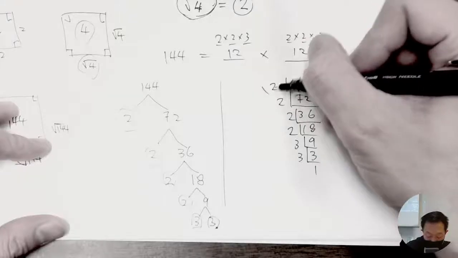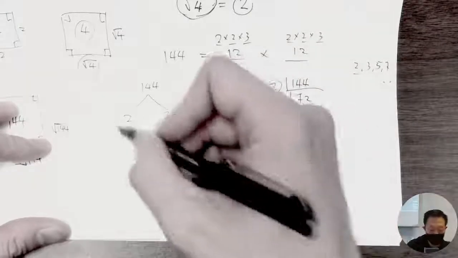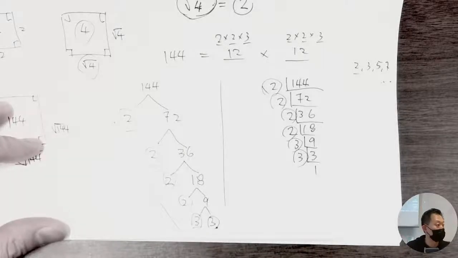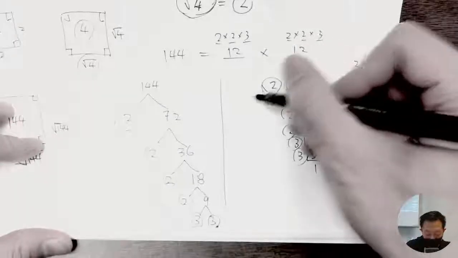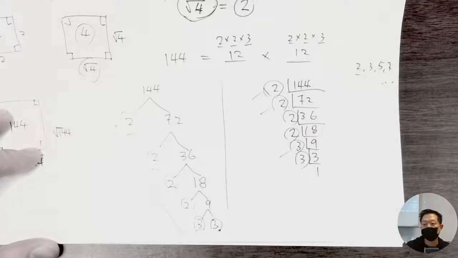See, everything on the side here are the factors. In this case, if I can group these into two equal groups, then I have found its root. All good?